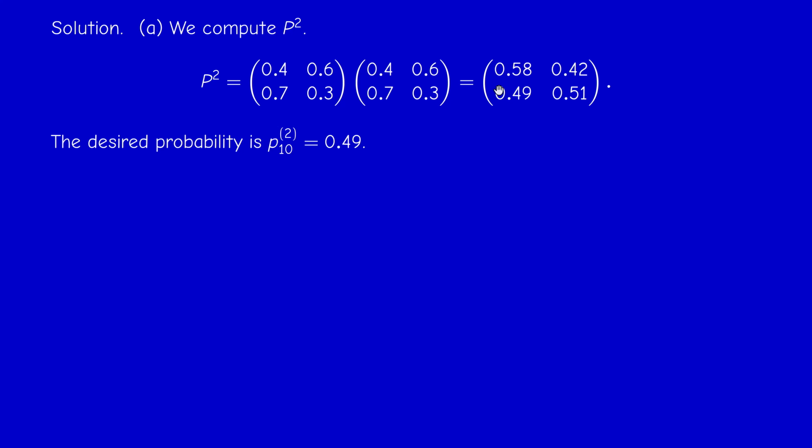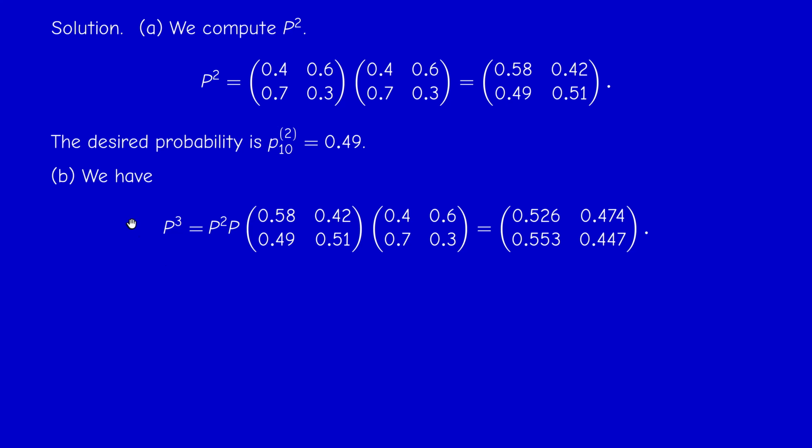So this is 0, 1, 0, 1. What is P10? It is this entry. So it's 0.49. So it's very, very easy now to answer probability questions related to Markov chains. This is the first question. Later I will give you another way to do that.